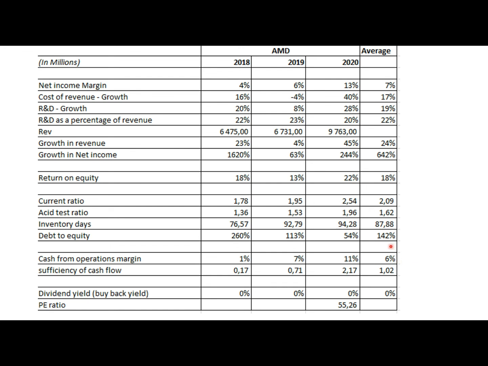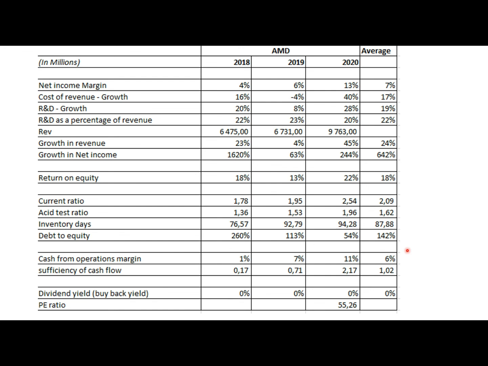So on average, it generates about 6% of cash from revenues. In 2020, it's 11%. But that again just highlights the strong improvement in margins. So overall, yes, it is disappointing, but it does show you that operations do at least generate cash.